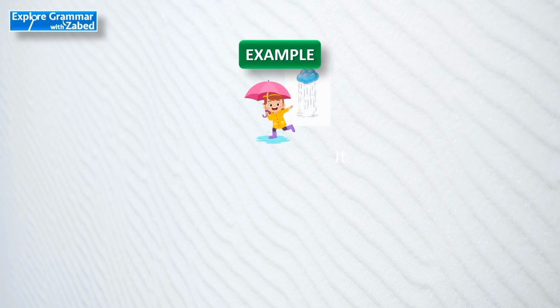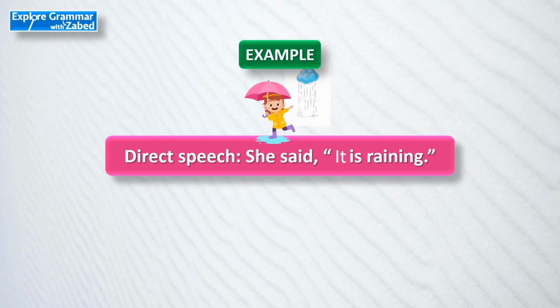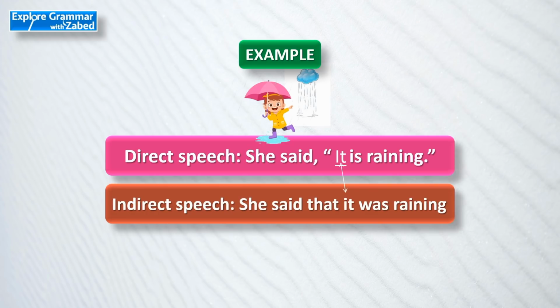Let's look into one more example on third person in the reported speech. She said, "It is raining." Here again, we can observe the subject of the reported speech given is "it". And this one is an example of third person. So again, we will not change the person here. Accordingly, the answer will be: She said that it was raining.